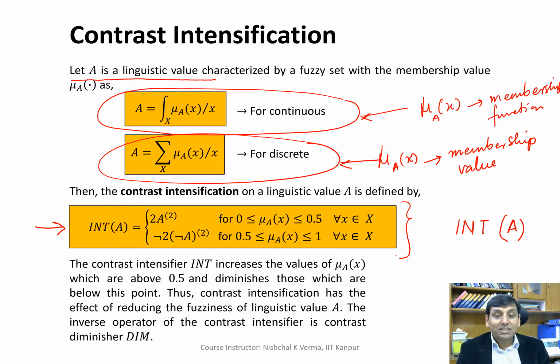The first zone is below 0.5 and the second zone is above 0.5.